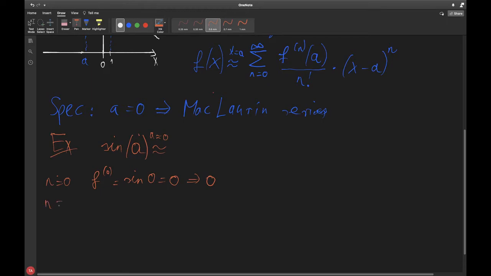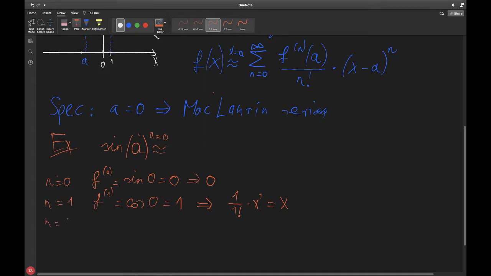If n equals 1, that's the first derivative of the function. The derivative of sine is cosine. Cosine 0 is going to give me 1. So what we have here is 1 over 1 factorial multiplied with x to the first power. So that gives us x.